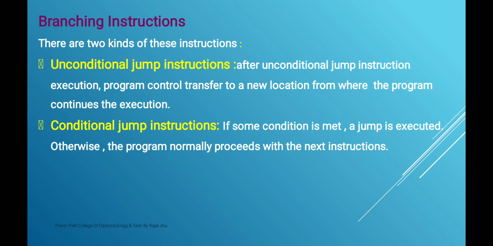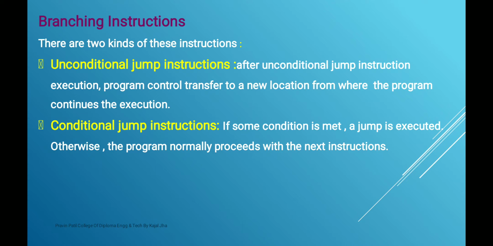This is about the branching instructions. There are two types of branching or jump instruction. First is the unconditional and second is the conditional jump instruction. In an unconditional jump instruction, the program control transfers to a new location from where the program continues execution.